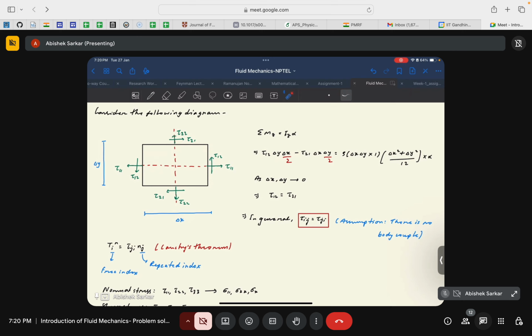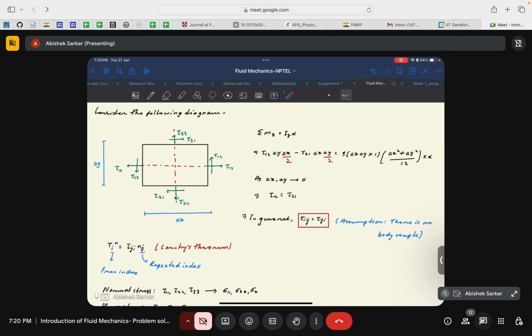That would be equal to the moment of inertia times the angular acceleration, alpha in this case.